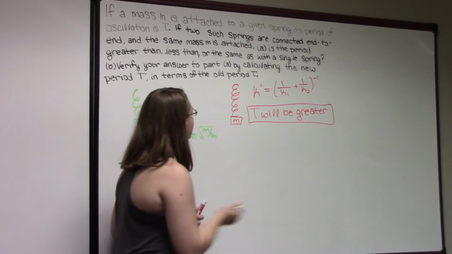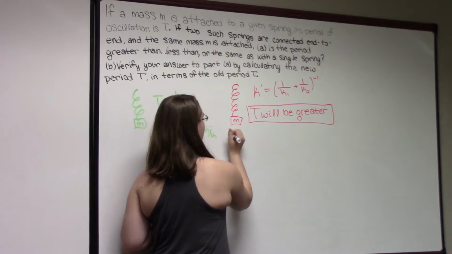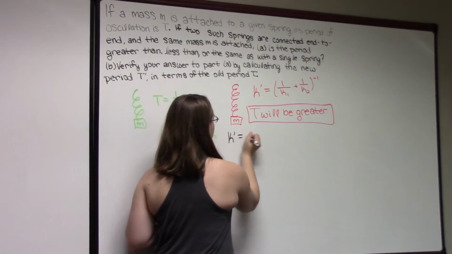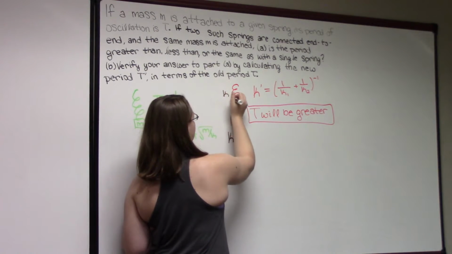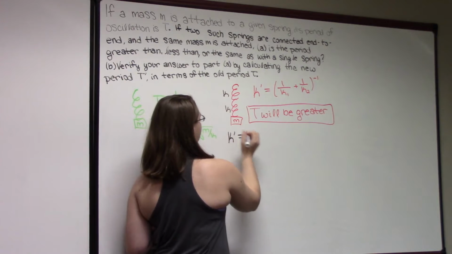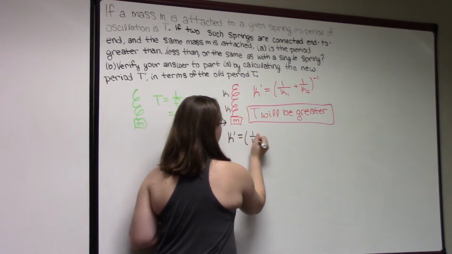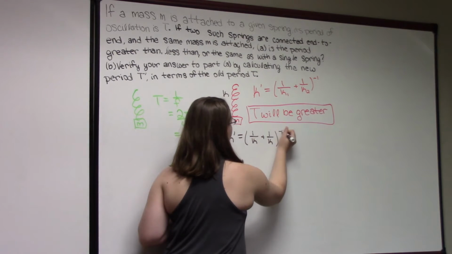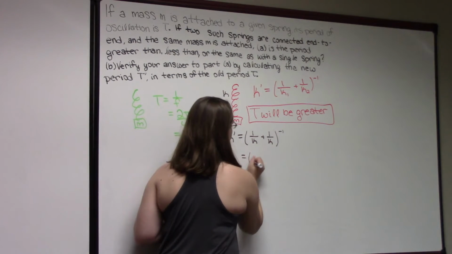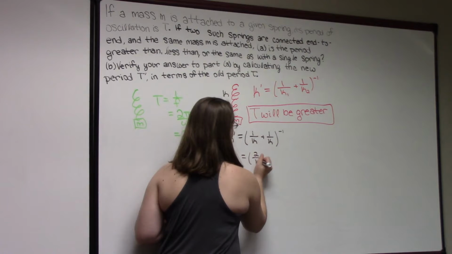So for part B, we can say that our k prime will be, since these are both the same spring, they're both going to have a spring constant of k. So we can say 1 over k plus 1 over k, inverse. That's going to give us 2 over k inverse.